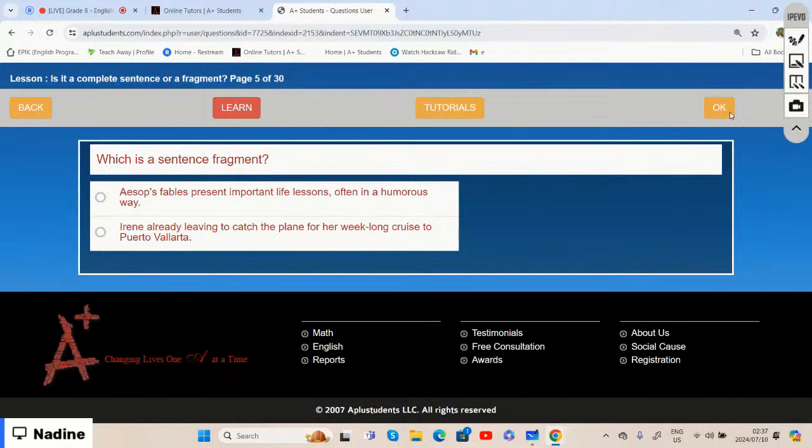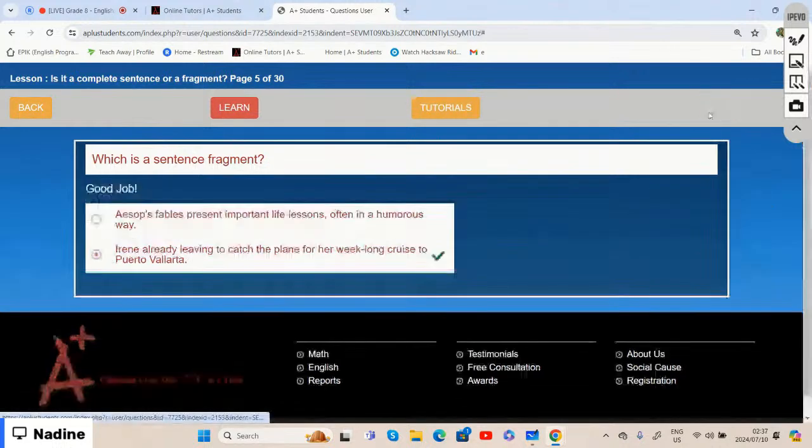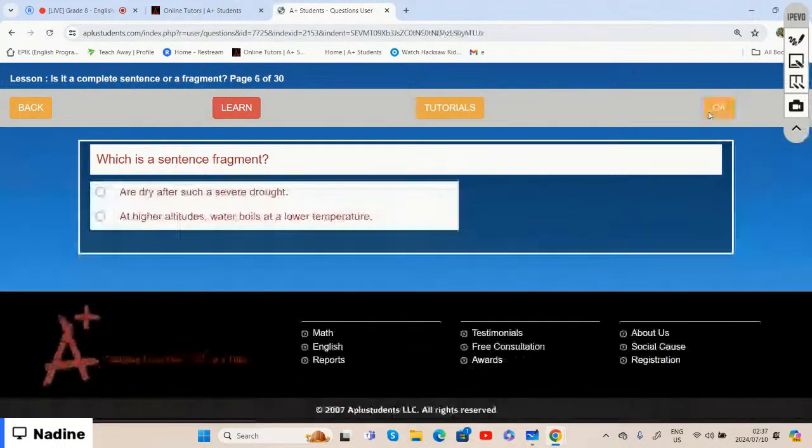All right, and if we were to identify our sentence fragment within the sentence, we would say option two. So option two is our sentence fragment. All right, let's go to the second one, which is: is it a sentence or a run-on?